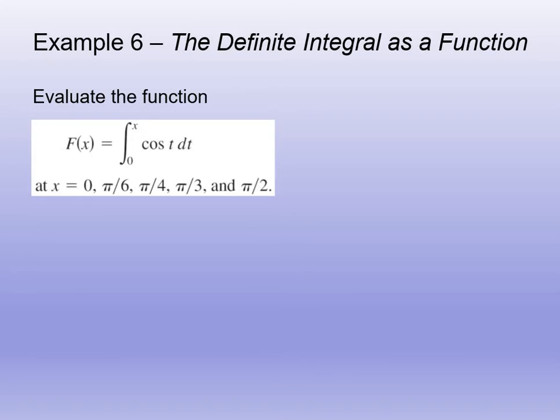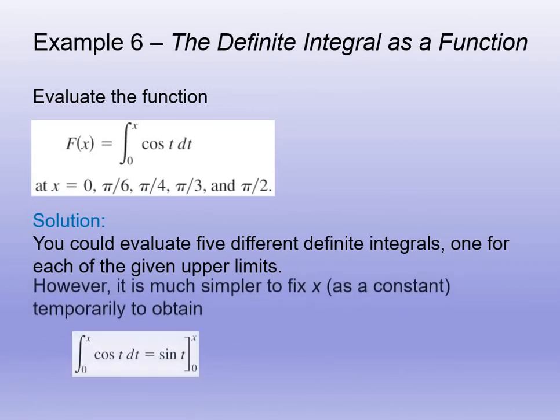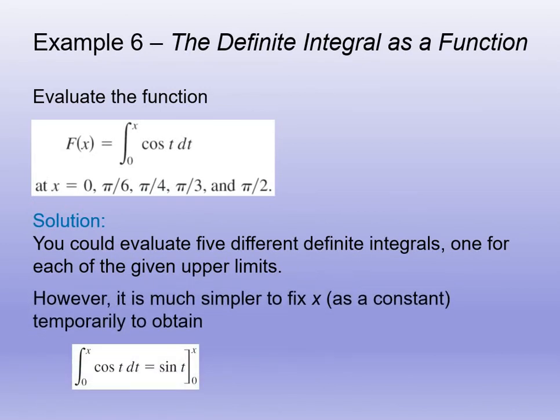If we wanted to evaluate this at x equals 0, pi over 6, pi over 4, pi over 3, and pi over 2, we're going to run into a lot more work. We have to redo that integral multiple times, whereas if we do the integral first with just x and then apply it at the values we want to, instead we're going to use x as our limit.